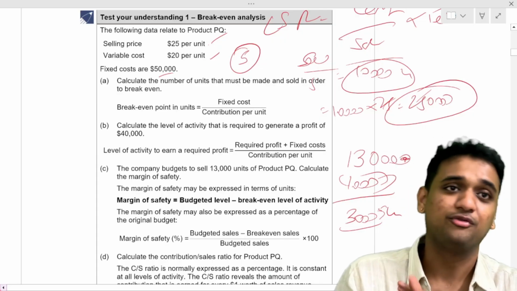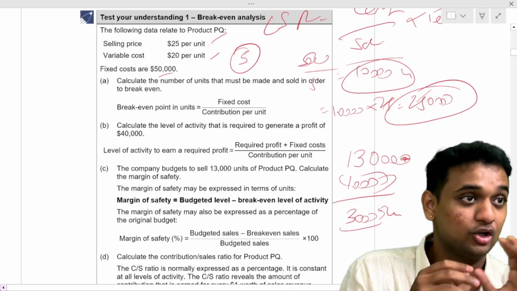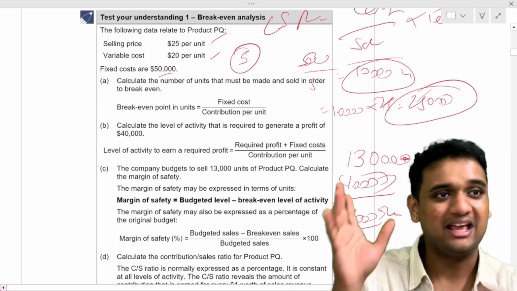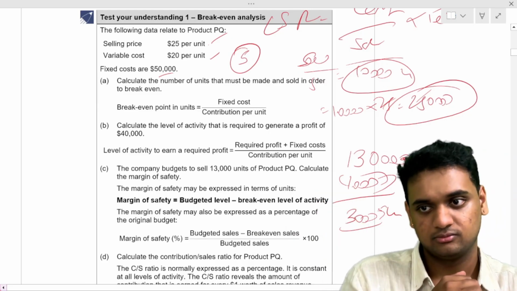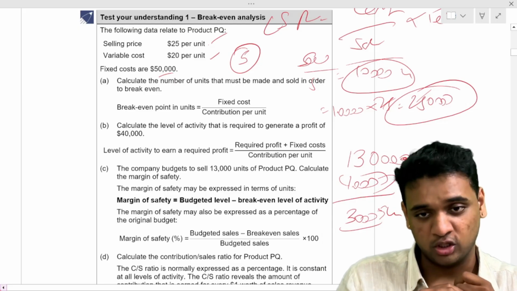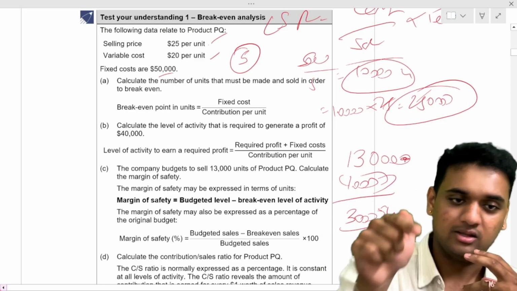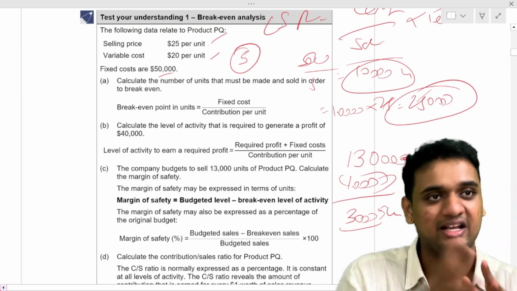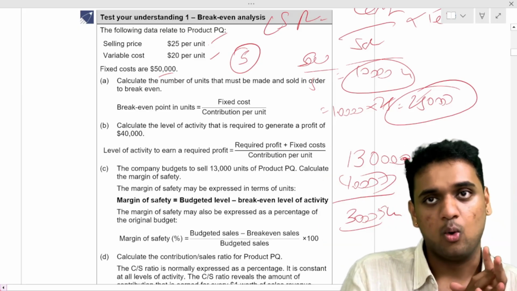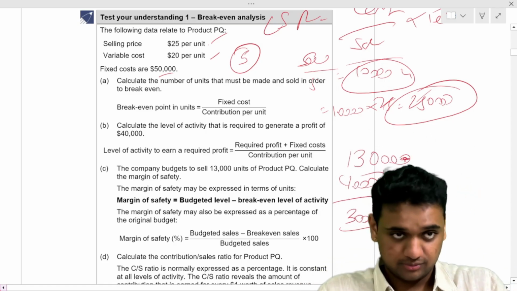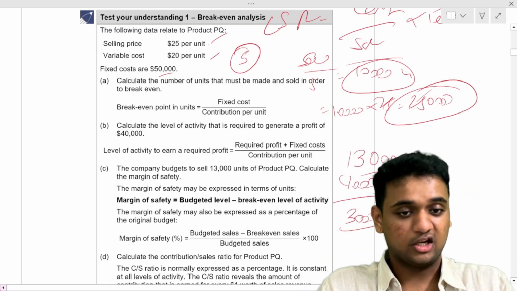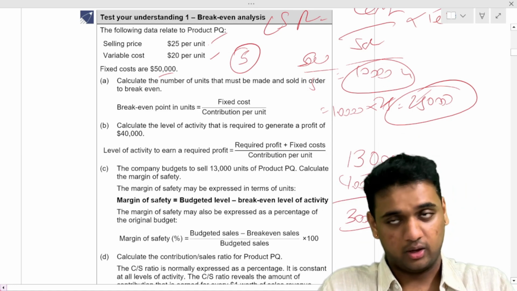Understood? So what is the formula for margin of safety? Total units minus break-even point units. Margin of safety units is equal to total units minus break-even point units. They are asking margin of safety in percentage. Tell me, what is margin of safety in percentage terms? 23% is one answer.